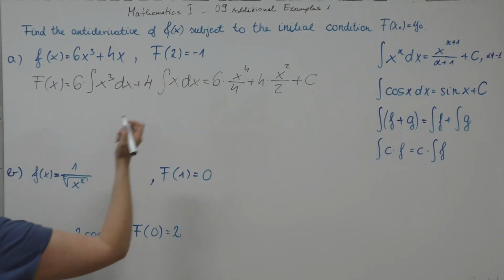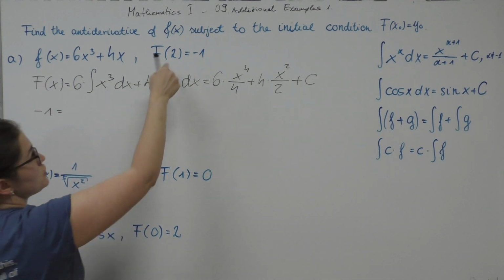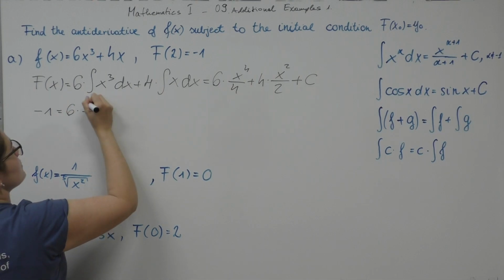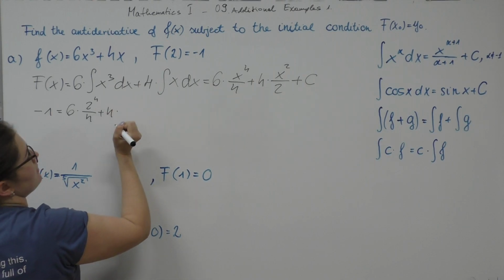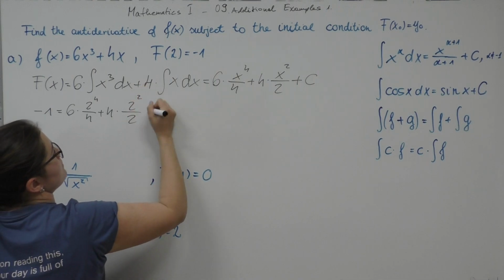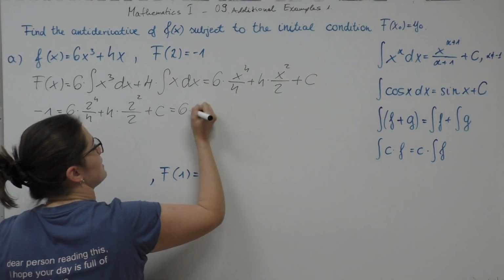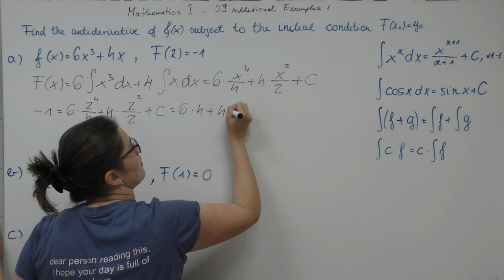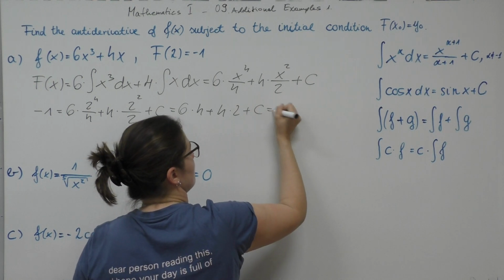So now we can substitute 2 for x in capital F, so it's gonna be 6 times 2 to the 4th over 4 plus 4 times 2 squared over 2 plus c, which is gonna be 6 times 4 plus 4 times 2 plus c.